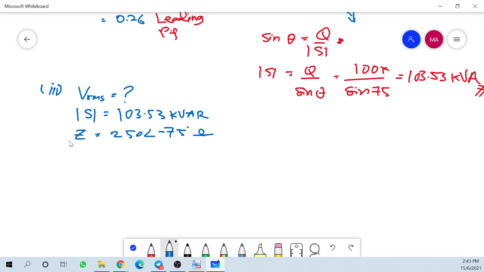What is the relationship between S and Z? We know that S equals V times I.